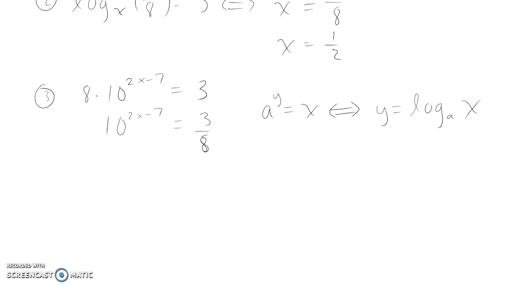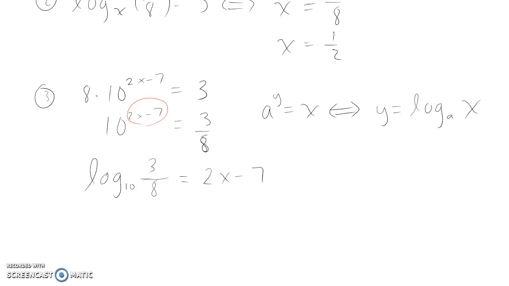So here we have an exponential form, and we need to put it into logarithmic form, right? Again, the log is the exponent, so we're going to say the log, base 10, of 3/8 is equal to the exponent.